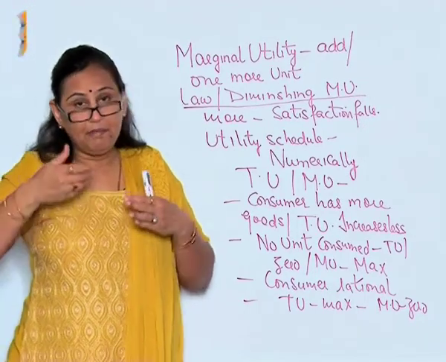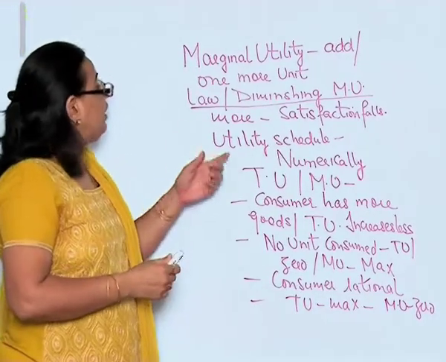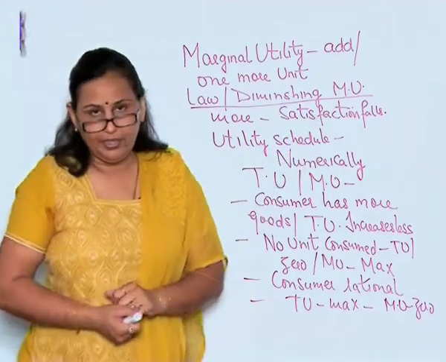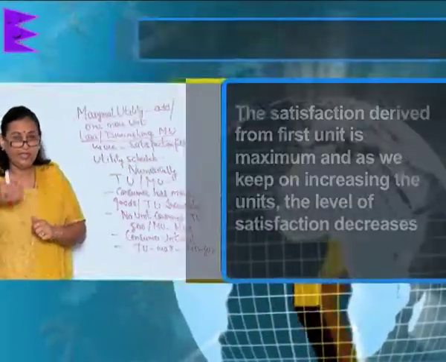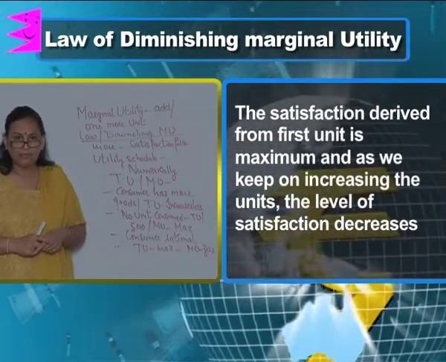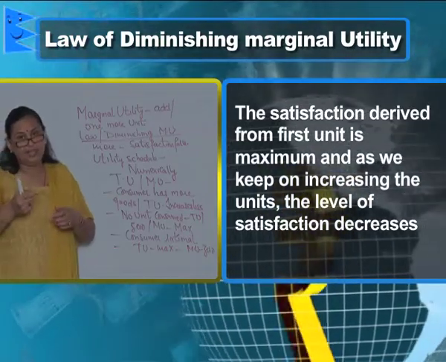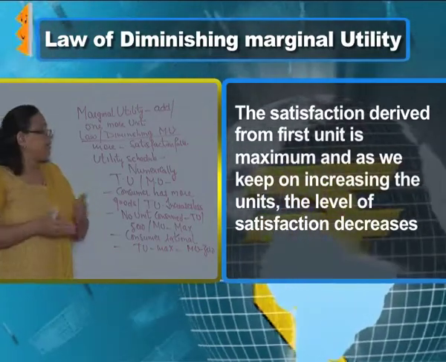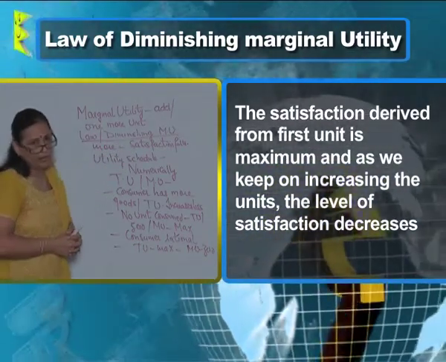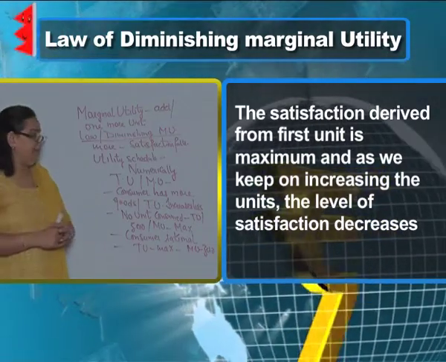I might even not feel like drinking it. So, this is the law of diminishing marginal utility, that is, the satisfaction derived from the first unit is maximum, and as I keep on increasing the number of units, my satisfaction level will automatically fall.